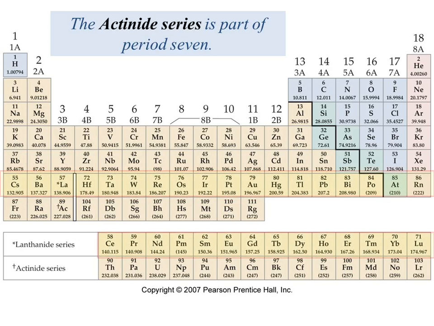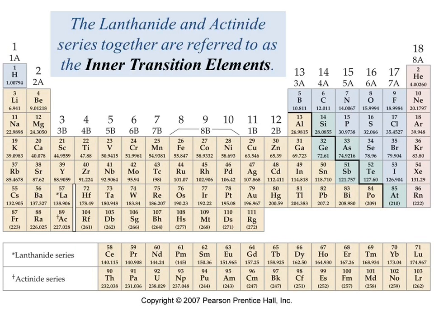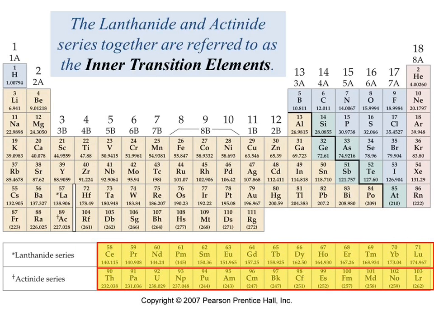And so, not so surprising, notice how the lanthanide is in period 6 and the actinide is in period 7. Again, it goes along with these numbers we see along the side here. So collectively, the lanthanide series and the actinide series are called the inner transition elements, or inner transition metals. And they are B group, though. They are definitely B group.